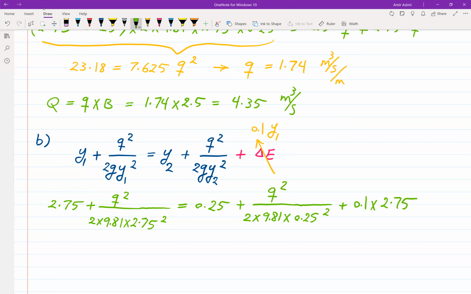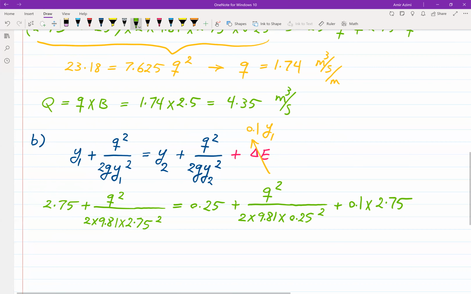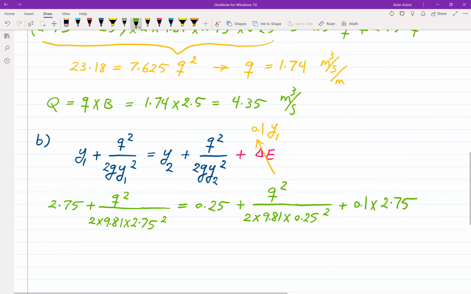Okay, so one equation, one unknown, and you would be able to solve for the specific discharge in this case. So we have q is equal to 1.65 cubic meter per second per meter.